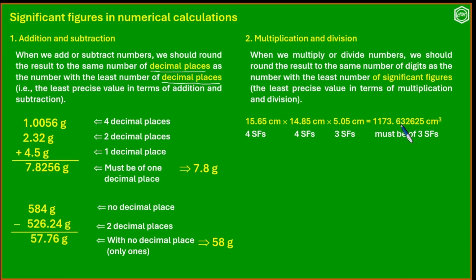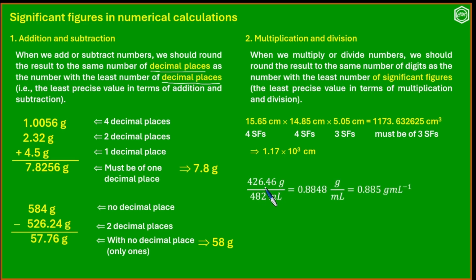So therefore the result must be of three significant figures. The last digit to be retained is 7. We have to write this in the scientific notation. So 1.17 into 10 raised to 3 centimeter.